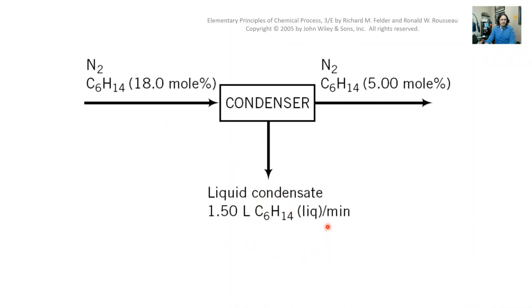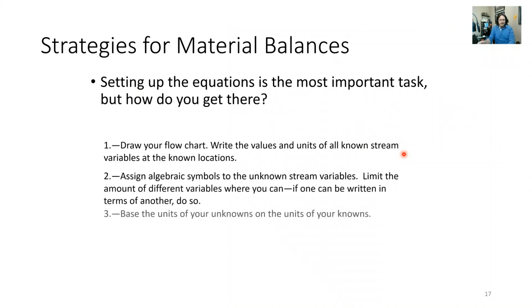But if all of these were molar flow rates and it never asked what the flow rate of this output stream is, let's see if I'm saying it in a way that makes sense, you could have assumed that it was asking for molar flow rate if all of these were already in molar flow rates. That's kind of what that means. So base the units of your unknowns on the units of your knowns.